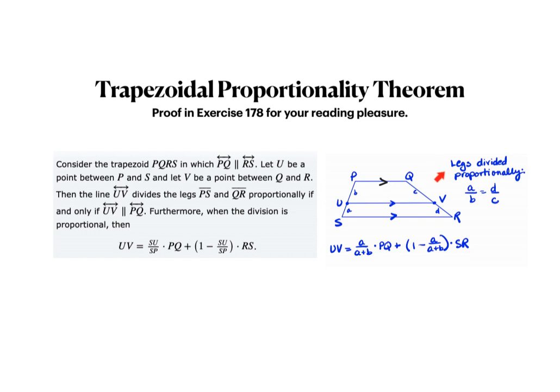And further, this segment divides the legs proportionally. So A over B equals D over C.